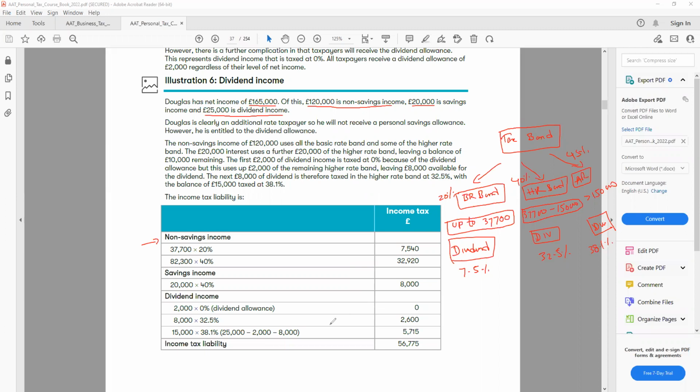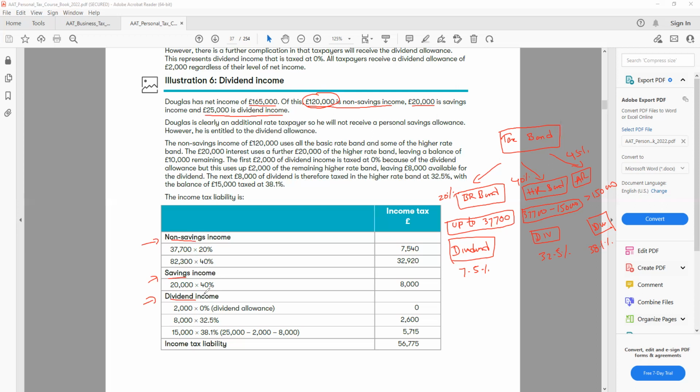The next thing, we need to look at the dividend. Very important, and to remember, regardless of how much your income is, we always have to split the income on the band. Now, if you look at our non-savings income, it is 120,000. The reason is we split between non-savings, savings, and the dividend, because every single income has a different sort of criteria.